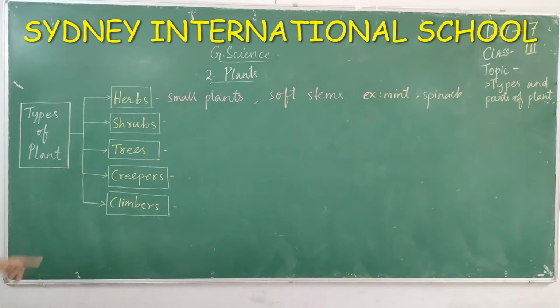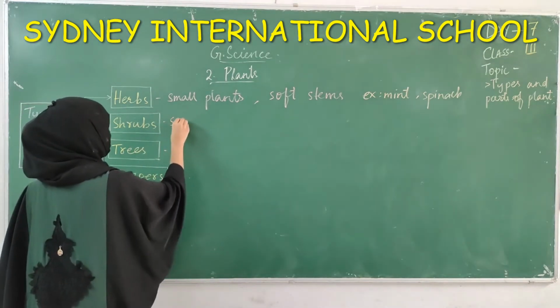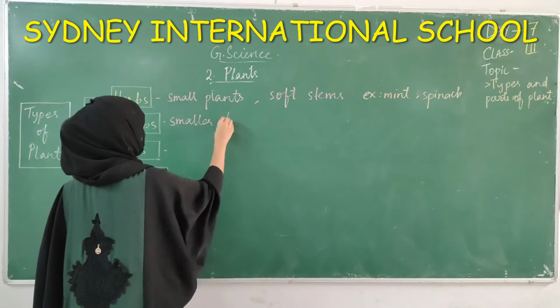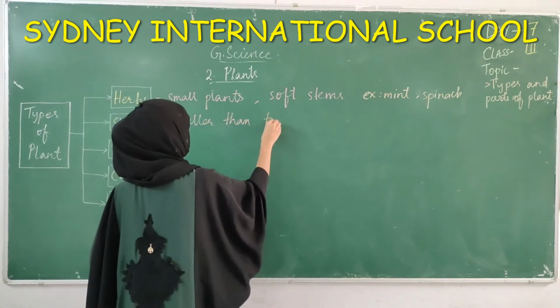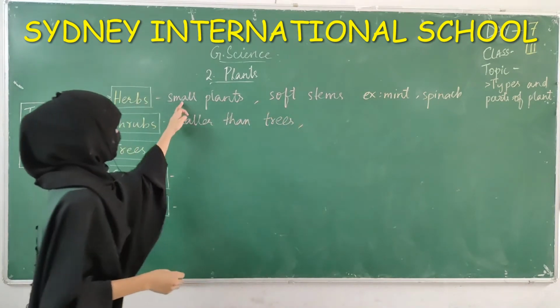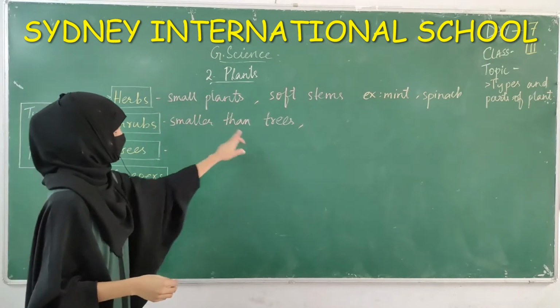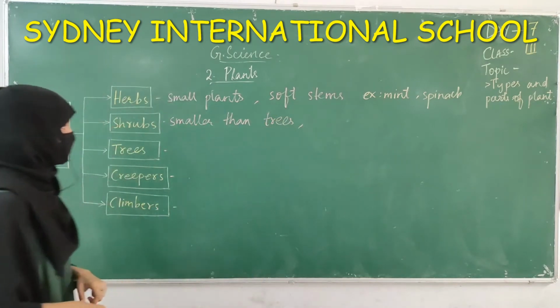Okay. Now, next we have shrubs. Shrubs are woody plants which are smaller than trees. Okay, so we'll write here smaller than trees. This describes the size. Describing the size, small plants, smaller than trees. Now we'll describe the stem of shrubs.